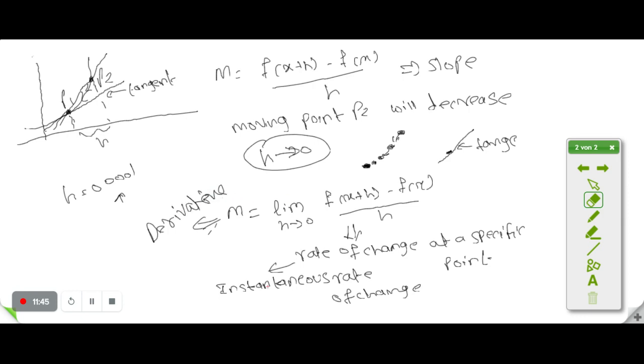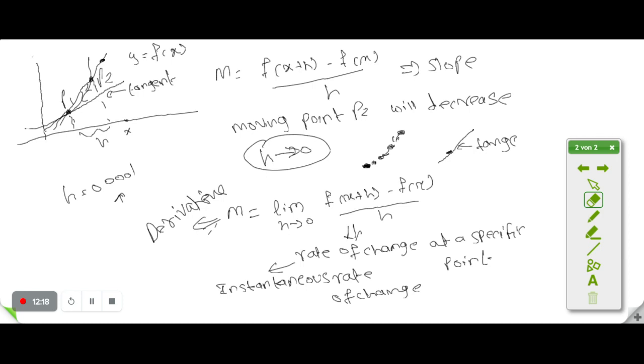So a derivative gives you an instantaneous rate of change, or a derivative means the rate of change at this very specific point. Now, if you calculate the derivative of this function, y equals f of x, and you want to find the slope at a point, just put the value of x inside this function, apply limits, and you will find the slope at that very specific point. This is the whole concept of the derivative.